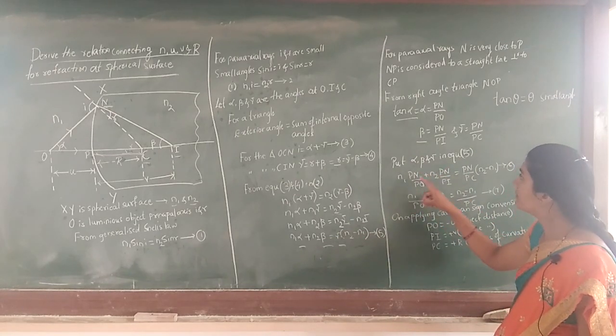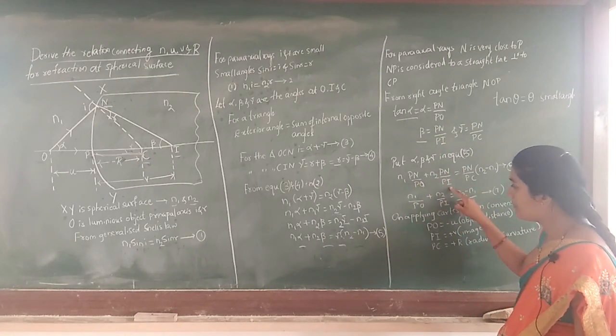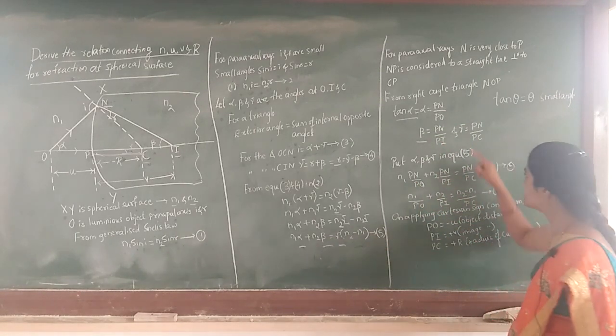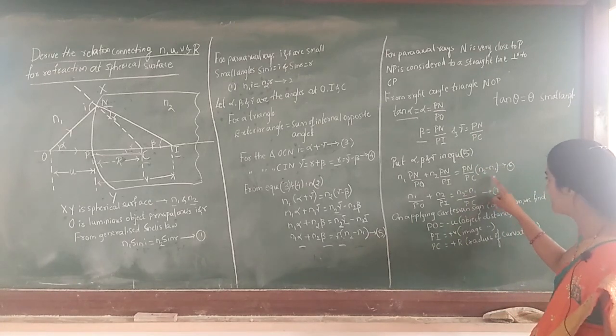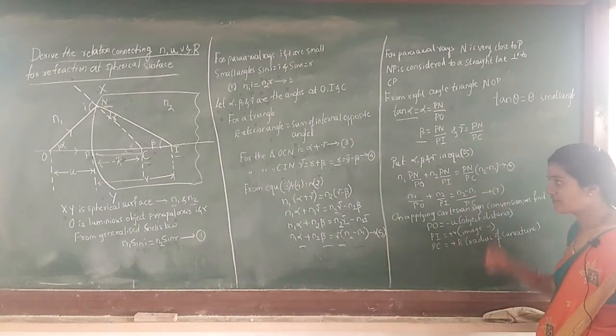Here n1 into alpha, Pn by Po, plus n2 into beta, Pn by Pi, is equal to gamma, that means Pn by Pc, into n2 minus n1. Consider this as equation 6.